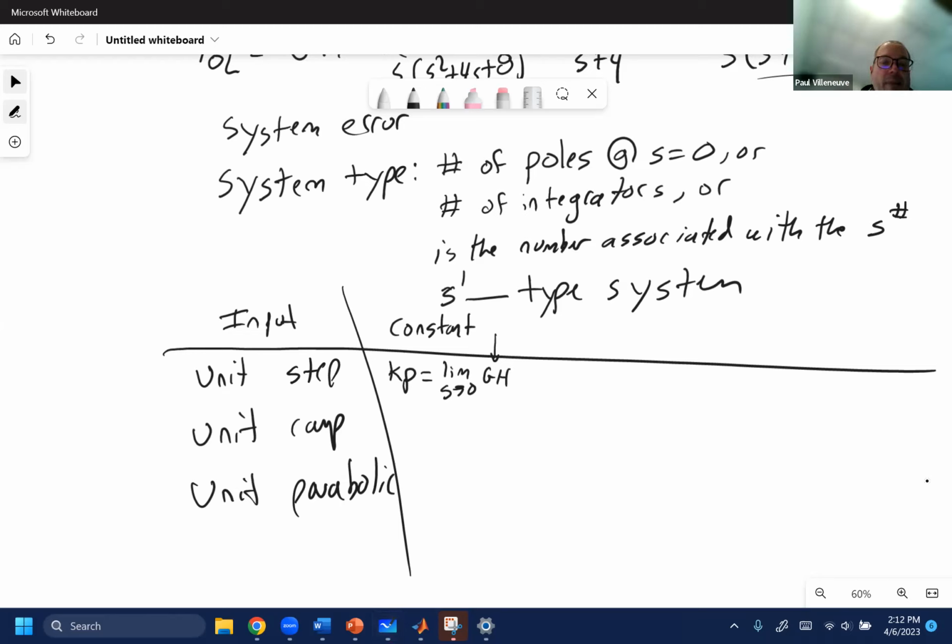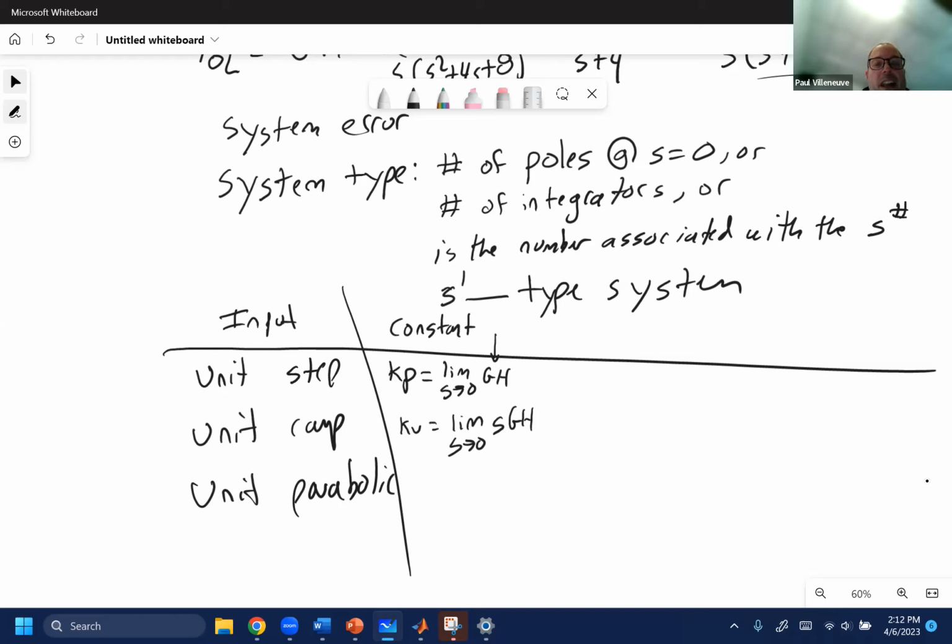For our unit ramp, it's a velocity constant because I'm multiplying my open loop transfer function by S. So if my K sub P is the limit as S approaches 0, G times H, if I multiply my position constant by my variable S, I'm taking one derivative of that position constant, which means I end up with the velocity.